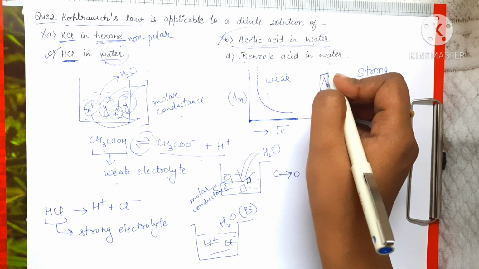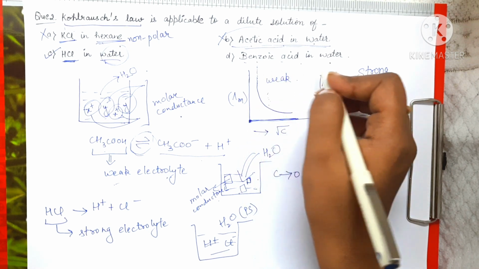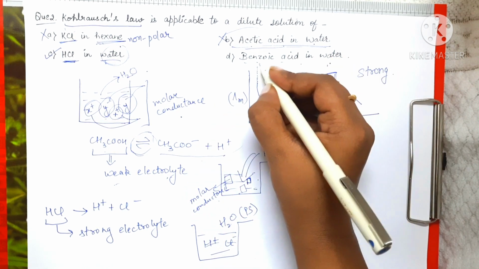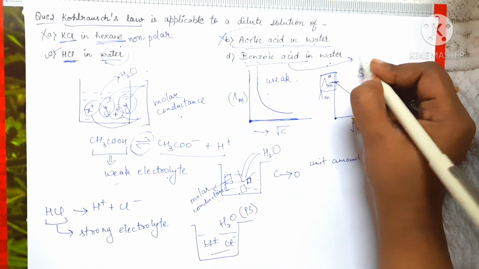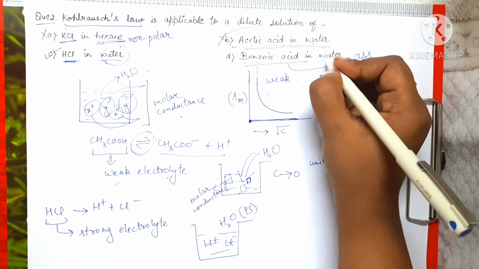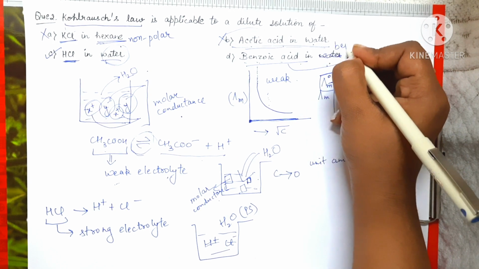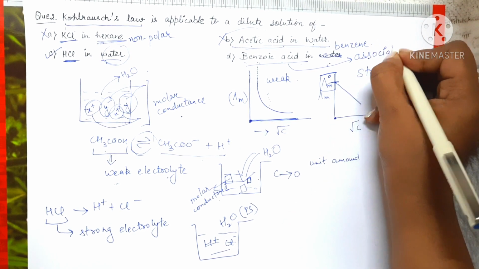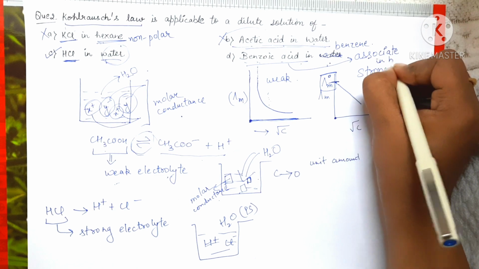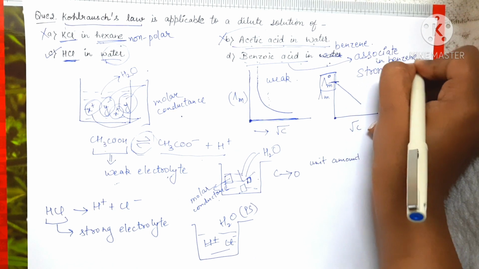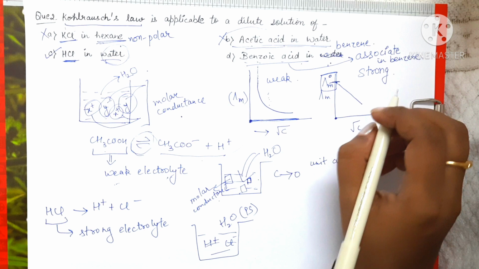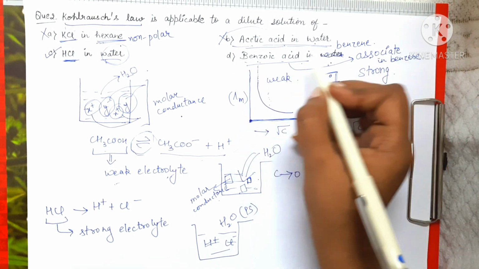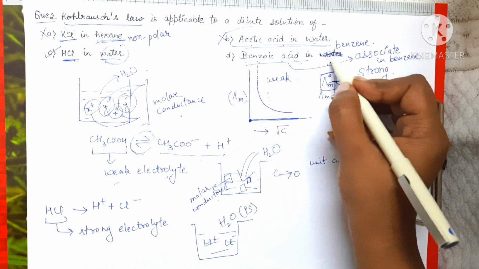Benzoic acid in water. See, benzoic acid is not going to dissociate. Sorry, it's not water, it is benzene, right? In the D option they have given benzoic acid in benzene, not water.